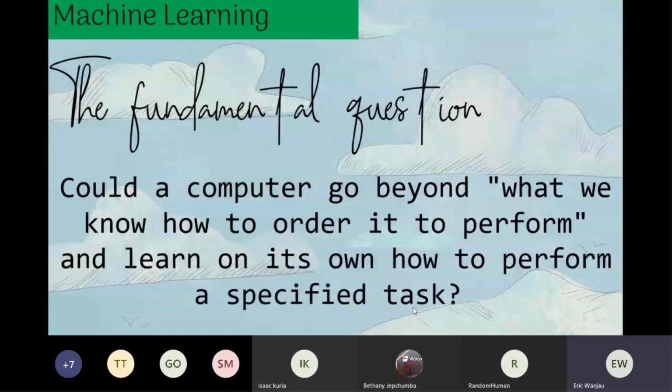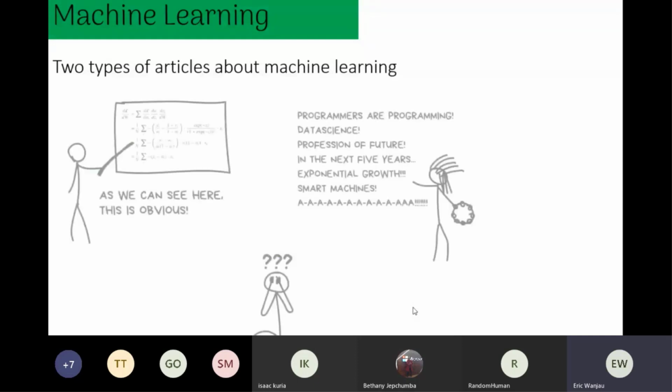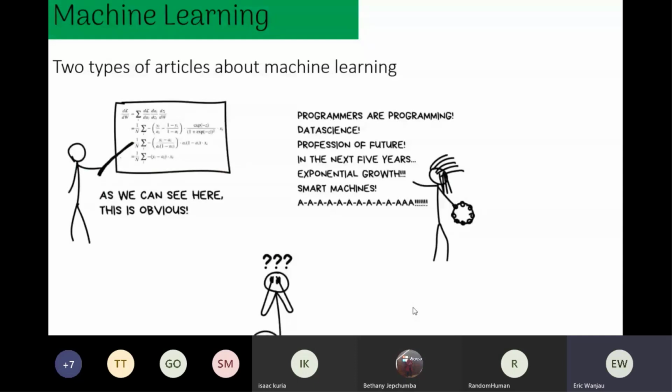So this is where machine learning comes into the data science structure. I really wanted to bring this out. I wish that when I was starting out, I could find two articles about machine learning. There's an article where they write so many big formulas and end with, as you can see, this is obvious, and you're like, I really have no idea what you've said.